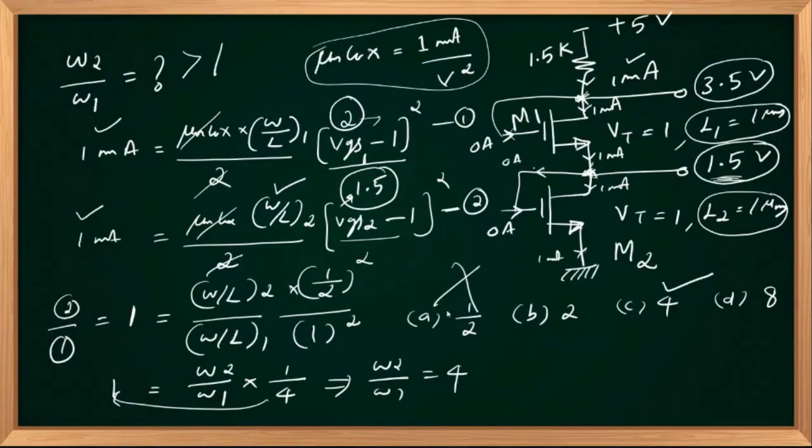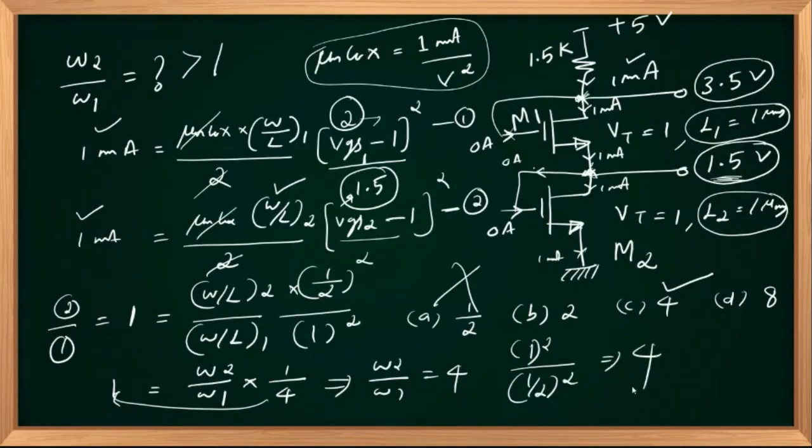And that ratio is proportional to the ratio of VGS1 minus VT the whole square divided by VGS2 minus VT the whole square. So we'll get 1 square divided by 1 by 2 the whole square, that will give you 4.